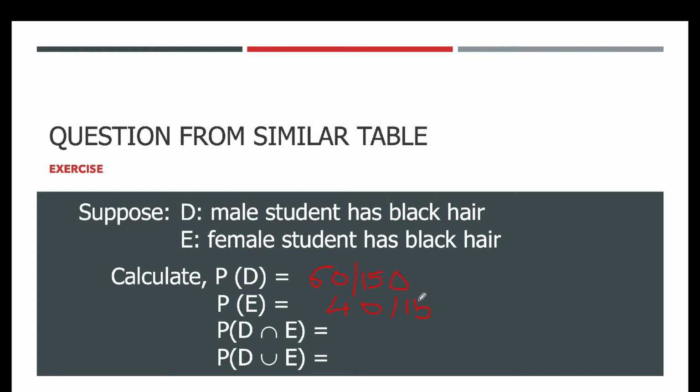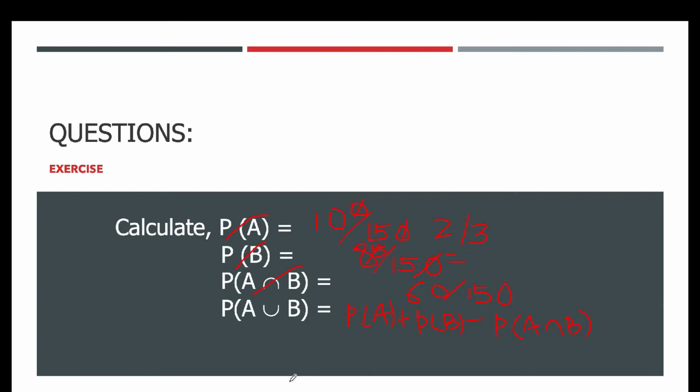So please don't get confused with this one. Yes, this is the next question, but from a similar table, because I want to show you the difference. For the probability of the intersection of D and E, we can see what the intersection between D and E is: the male student who has black hair and the female student who has black hair.